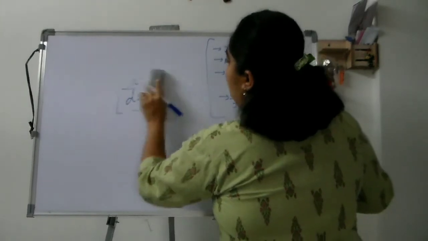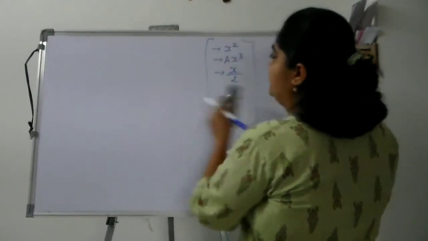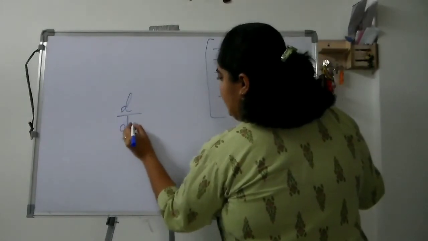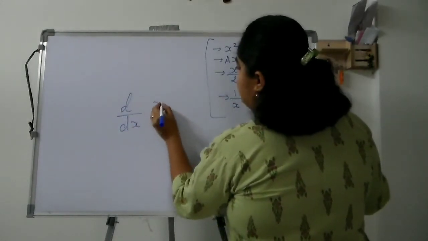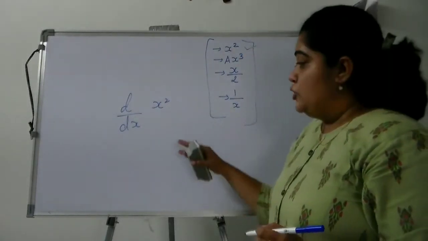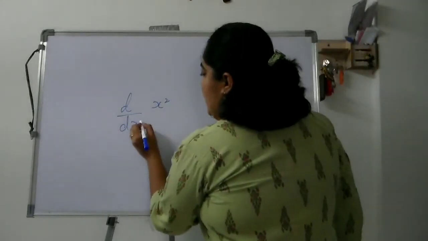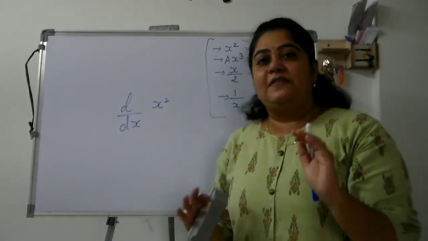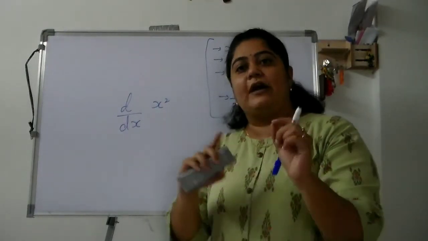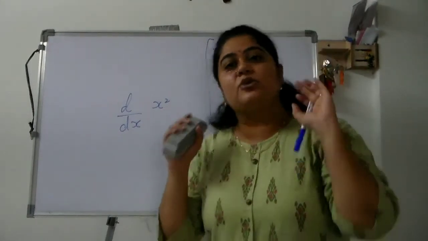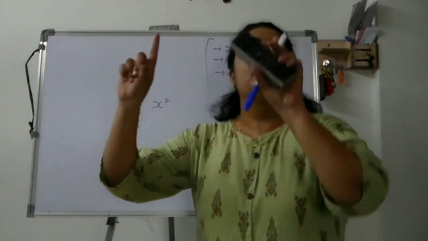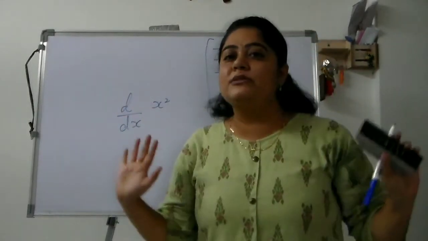So now what we can do is we will write d by dx of x square. Let us take this as an example. So now we all know that if there is an operator, there is a formula. Like if you are asked to say 1 plus 1, you are always going to write 2, because we have calculated this is 1, this is another 1, 1 plus 1 becomes 2.